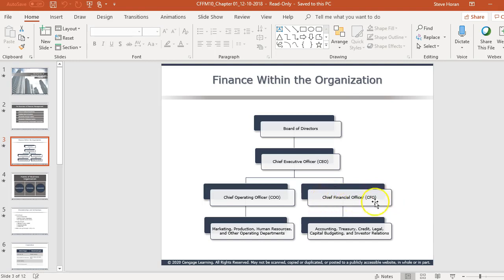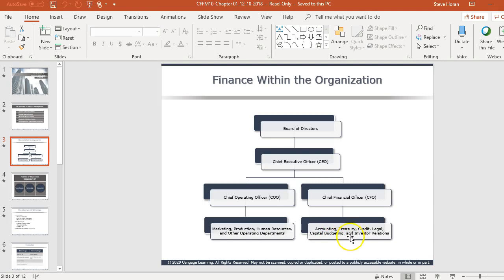So I want you to see over here on the right hand side where the CFO of a company will fit in, the Chief Financial Officer, and typically reports directly to the CEO of a company. And then beneath the CFO, I want you to see what the main responsibilities are that the CFO is in charge of.